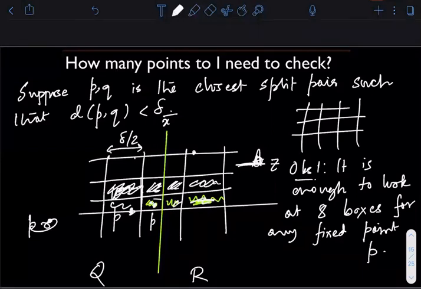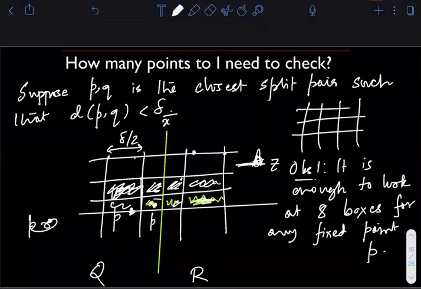Okay. So my claim is that every box will not contain too many points. In particular, none of the boxes can actually contain more than 1 point. Why do I say that no box can contain more than 1 point in this picture? First of all, remember that this is why it's important to place a grid line along the median line X bar.